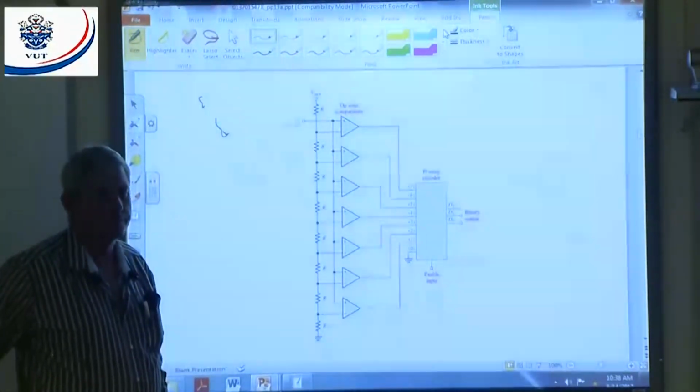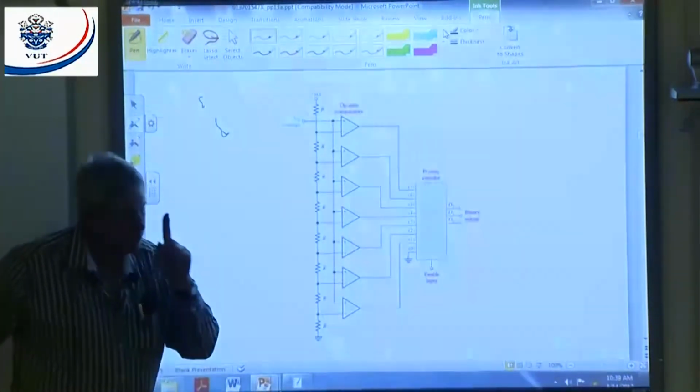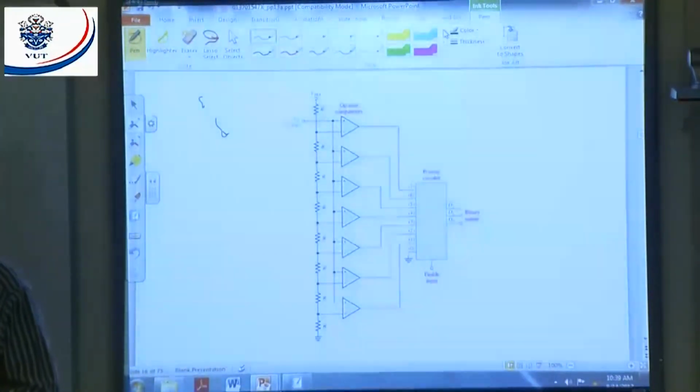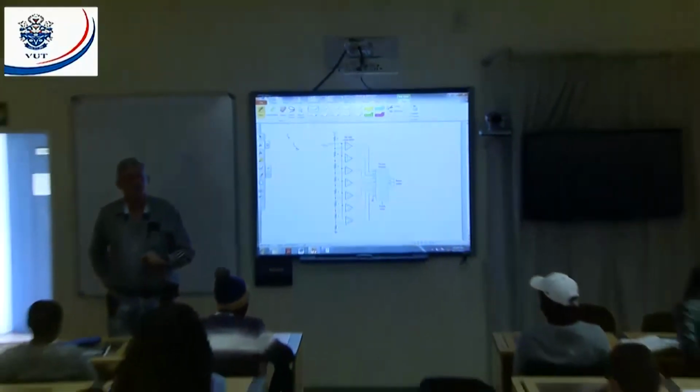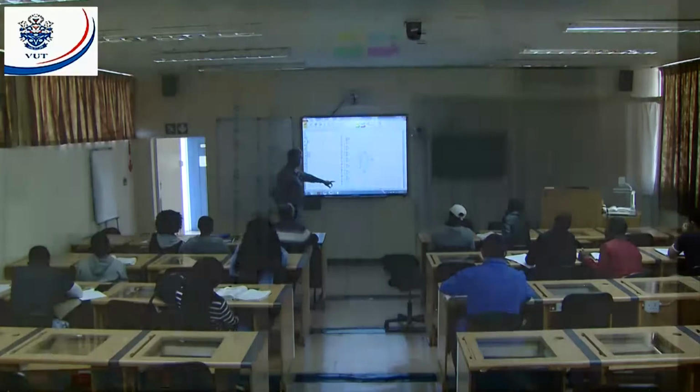Now, there's 1 volt here. Here's 1.1. What is 1.1 with respect to 1? It's more positive. That means this comparator will give me a high output, a high output to my priority encoder.